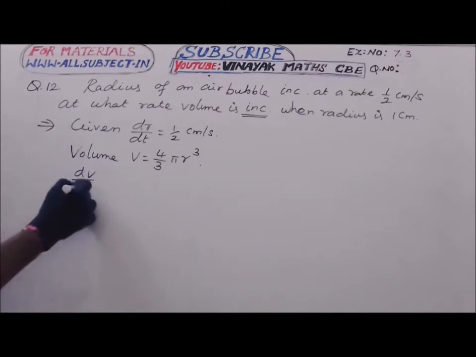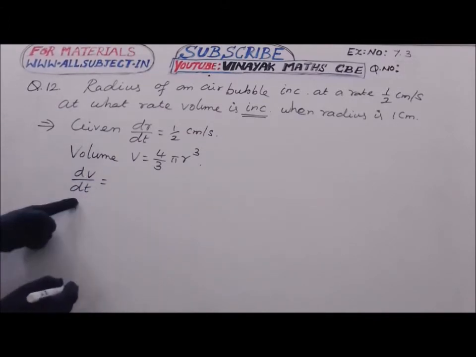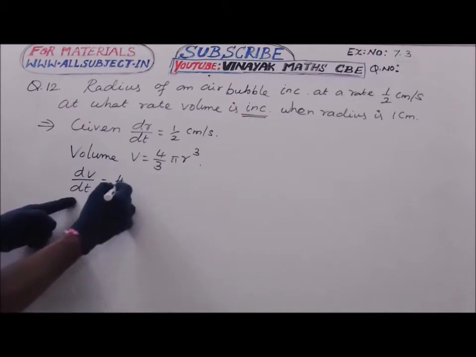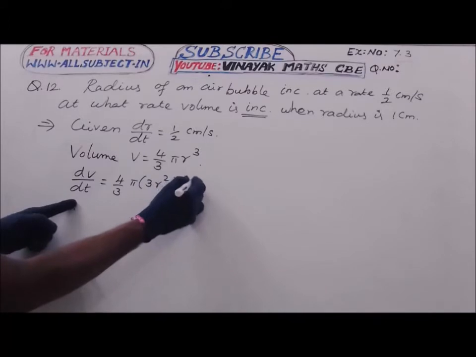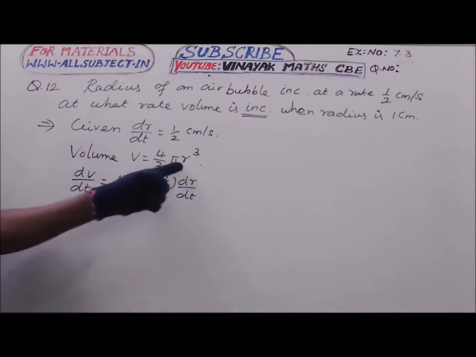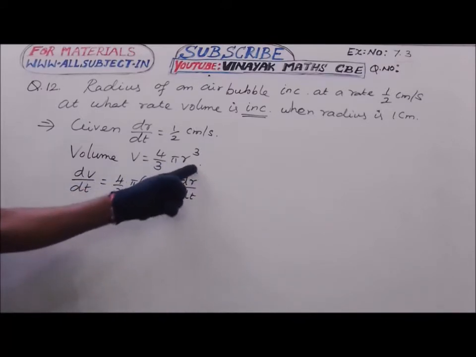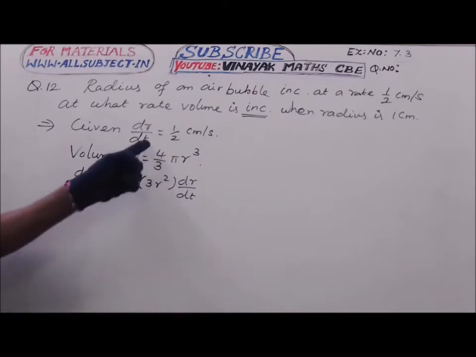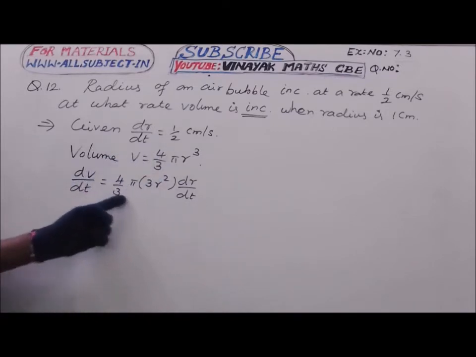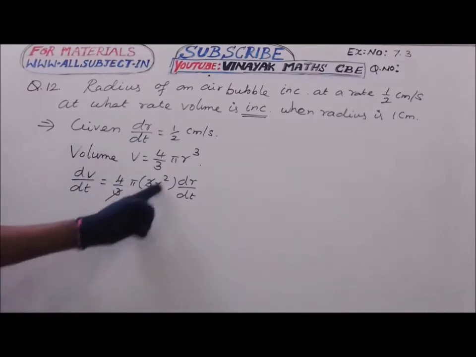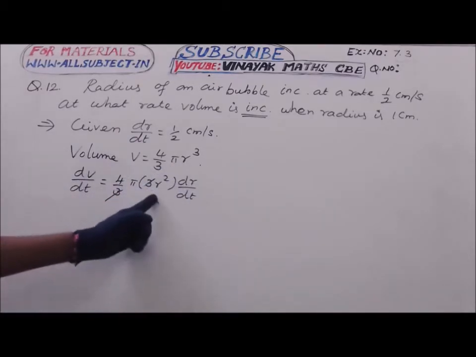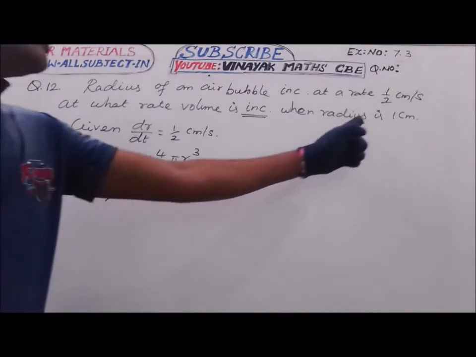So dV by dt, the rate of change of volume with respect to time t, equal to 4 by 3 pi into 3 r square into dr by dt. The derivative of r cube is 3 r square into dr by dt with respect to time t. 4 by 3 pi is a constant kept here as it is. Now cancelling 3 and 3, 4 pi r square into dr by dt. The radius r equal to 1 centimeter.